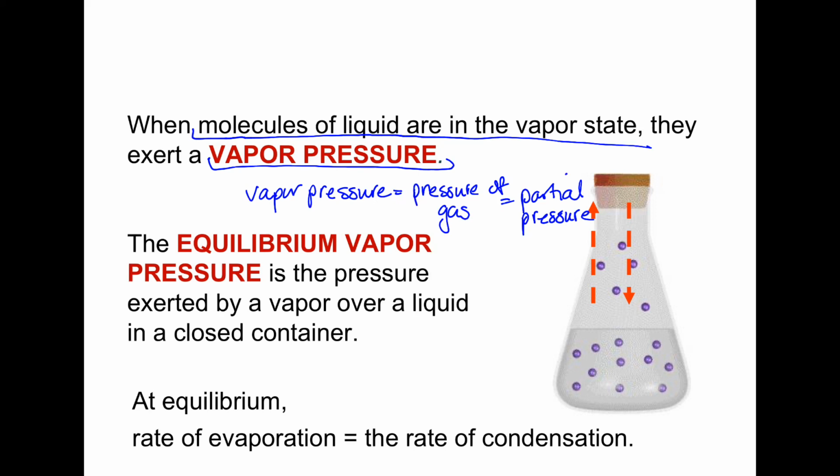Once things have settled down and we've reached a point of equilibrium, that's just called the equilibrium vapor pressure, that is the vapor pressure that we like to work with. If we're not working with an equilibrium vapor pressure, things are going to be changing so fast that our calculations are not going to be accurate. Things are changing so fast that even if we do a calculation, it's going to be different in just a second. So remember, at equilibrium, the rate of evaporation equals the rate of condensation. So that's what we define equilibrium as. And then we measure the vapor pressure, and that's the pressure we do calculations with.